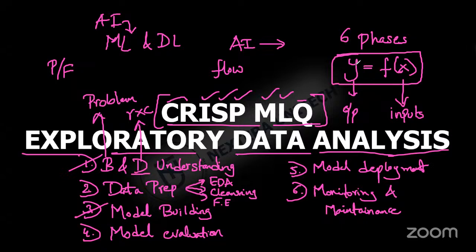I hope it is making sense. So this is what we build at the end. But the model that we build should also be evaluated, right? You cannot just blindly build it and give it to the client. You have to check the performance. So we evaluate the performance of the model in phase 4.